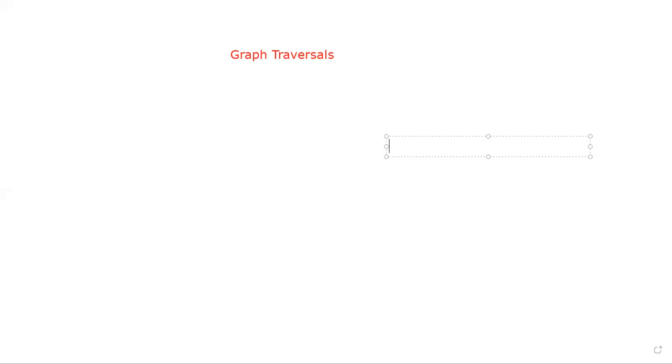Okay, so I can show you, the first one is BFS. We call it breadth first search, breadth first traversal. And the second one is DFS, and we call it depth first search.